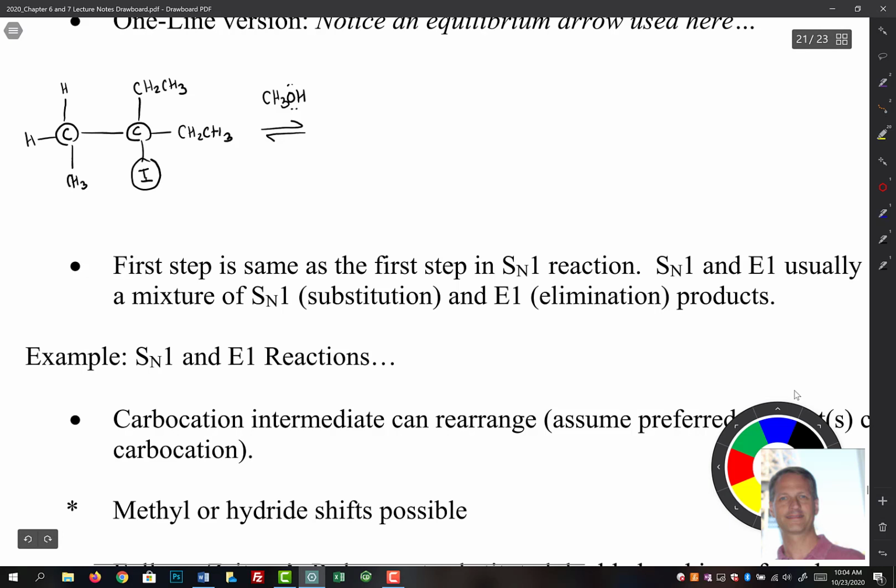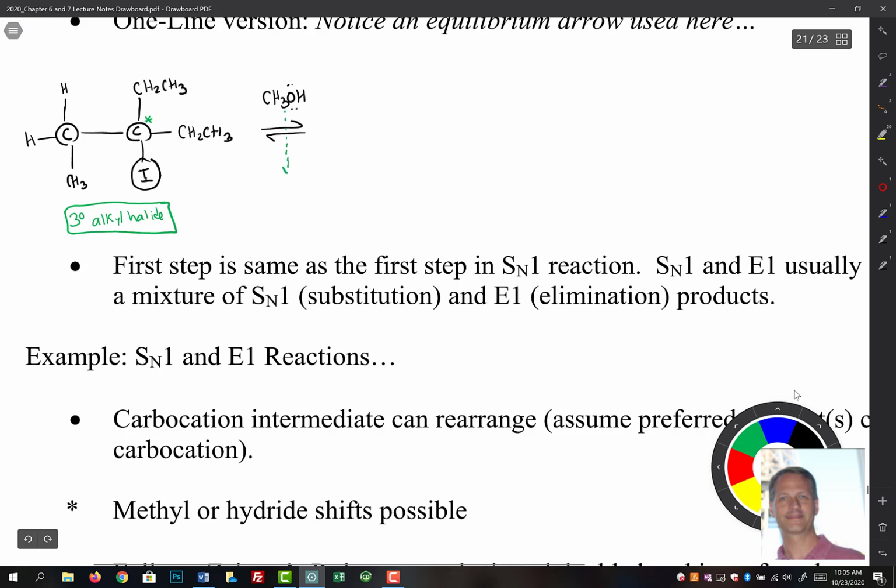So here's what we do. In all of these problems, we have to identify our substrate. So our carbon that's right here is a tertiary alkyl halide. Well, what do we know about tertiary right off the bat? We know that SN2 cannot occur at tertiary positions. And then we also take a look at this guy.